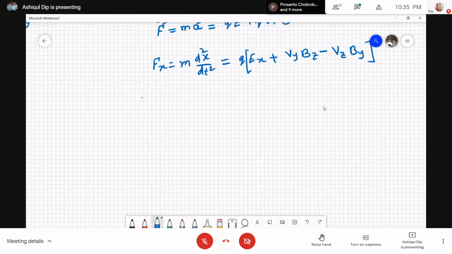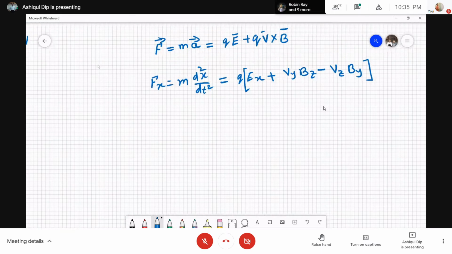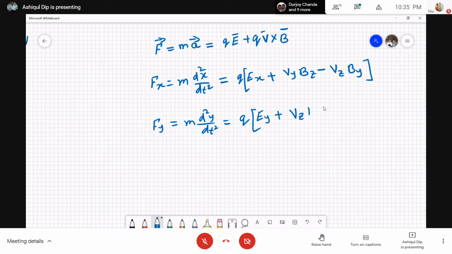Okay. Then Fy is m d2y over dt squared, which is q Ey plus now Vz Bx minus Vx Bz.